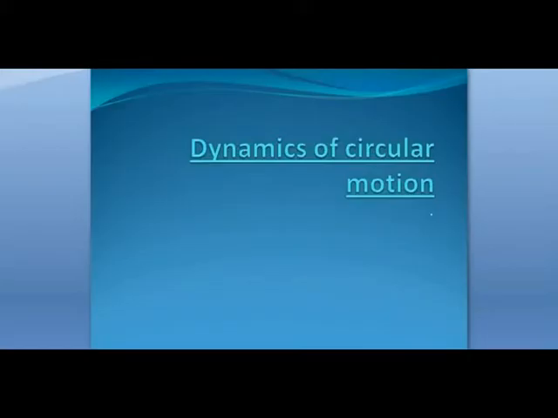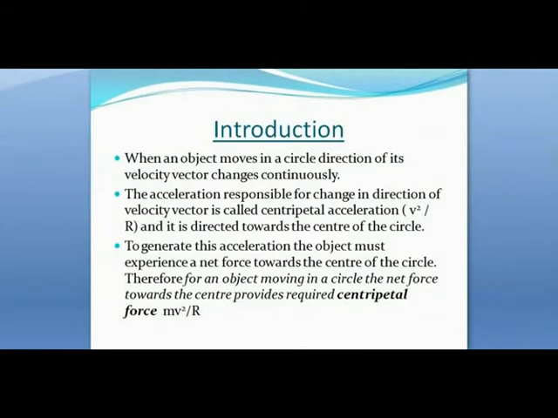Now we will start the chapter dynamics of circular motion. When an object moves in a circle, the direction of its velocity vector changes continuously. Suppose there is an object which is moving around a circle. Suppose at time t equal to t1, the object is at point A. The velocity vector of this object will be like this.